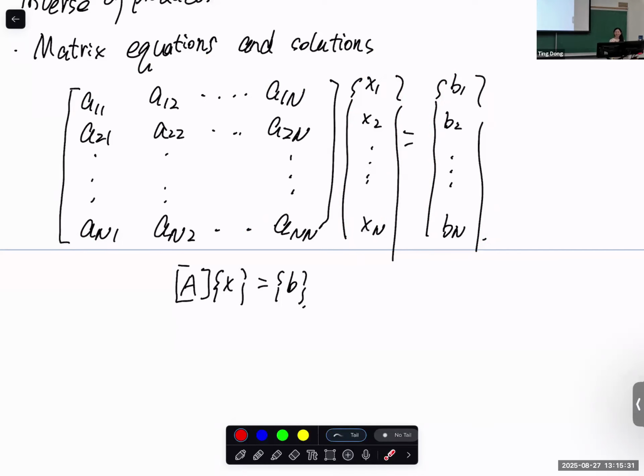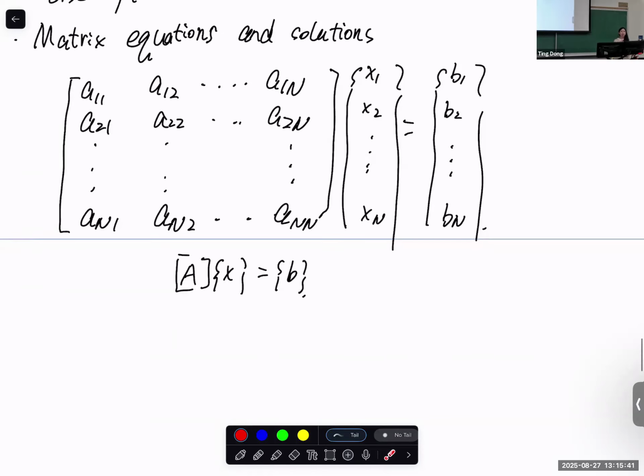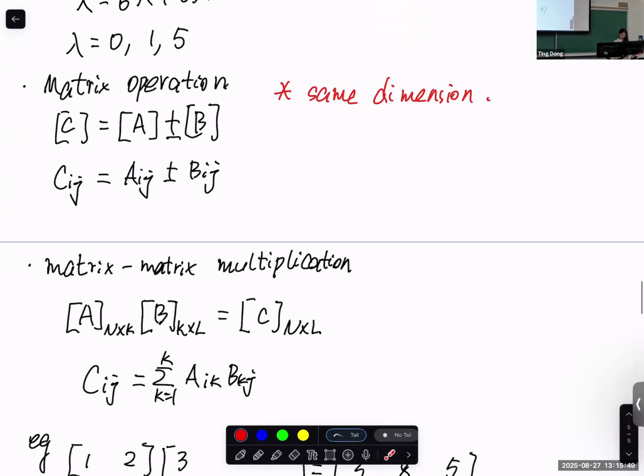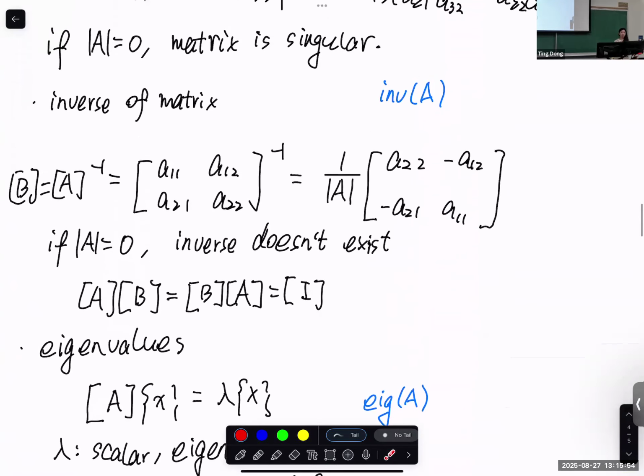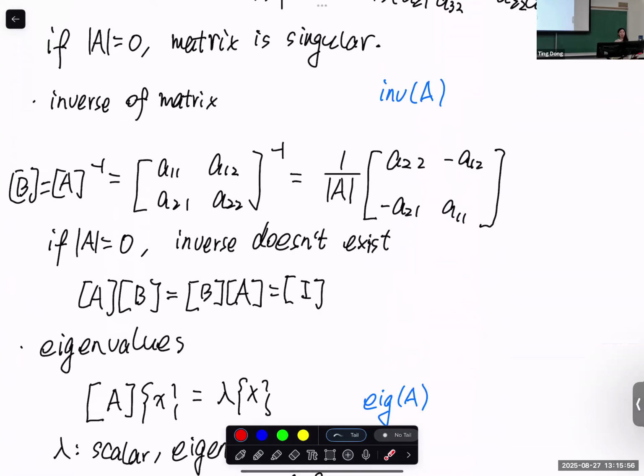Why no? Thank you. This matrix could be singular. If it's singular, the determinant is 0, so there's no inverse. There's a chance that the A matrix could be singular and the determinant is 0, so there's no inverse and you cannot really solve A inverse times B.